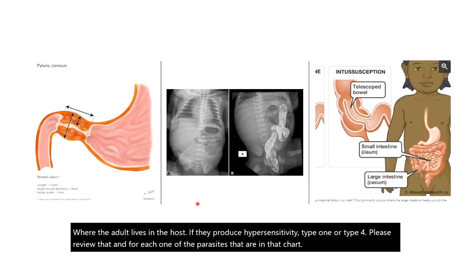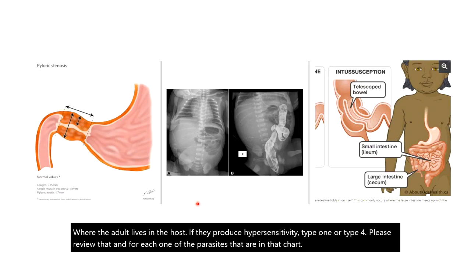We already talked about pyloric stenosis, and we can also have volvulus, and we can also have intussusception. It's a telescoped bowel, one inside of the other.